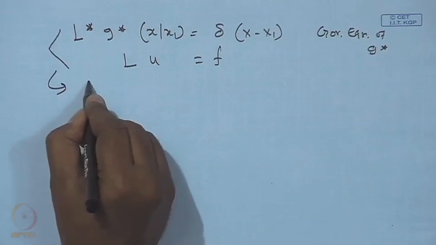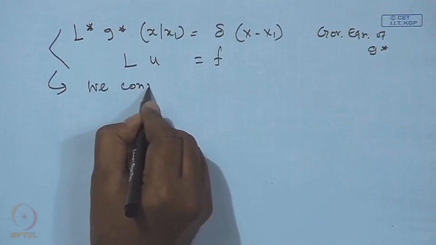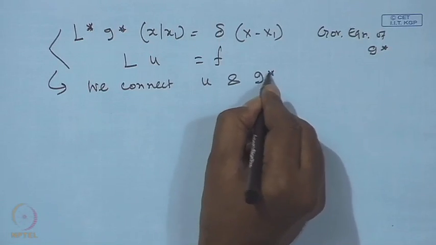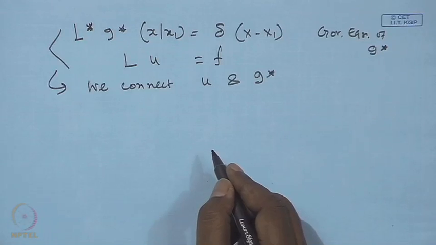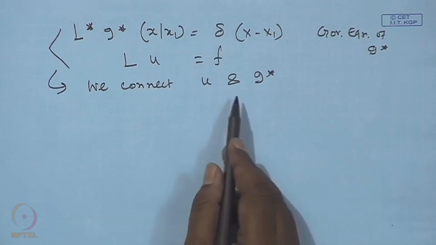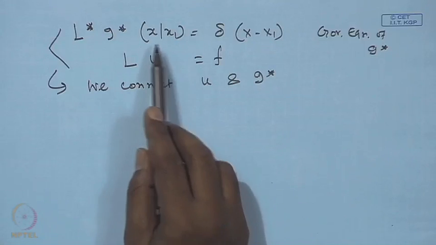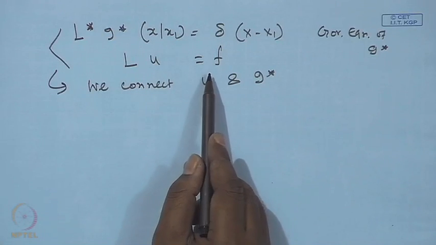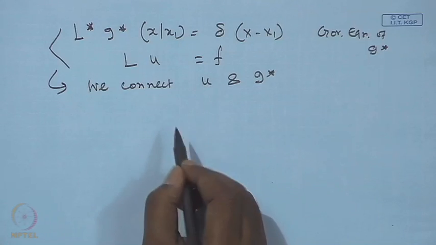How do we connect u and G star? We take the inner product of the first equation with respect to u, and the inner product of the second equation with respect to G star, and then we subtract.